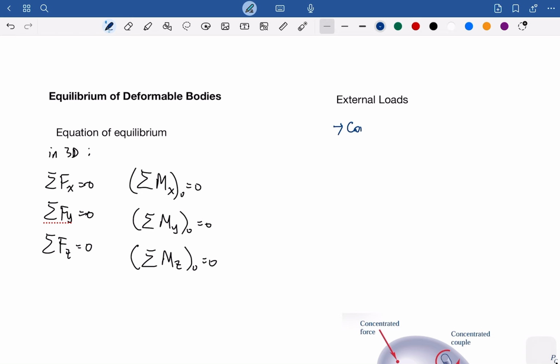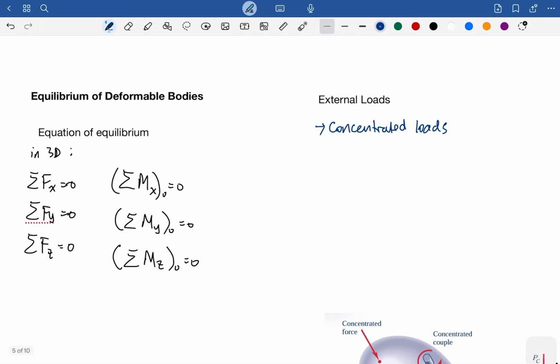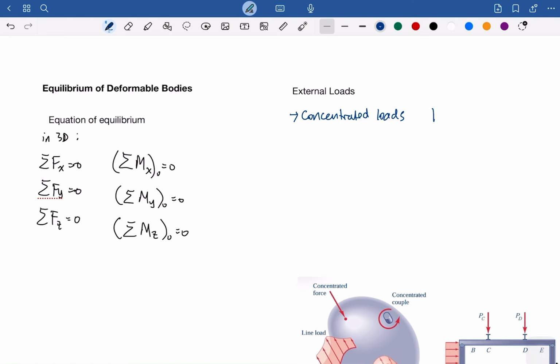First is the concentrated loads. This includes the force or couples, and line loads. What is a line load? Line loads mean the forces described by the distance.